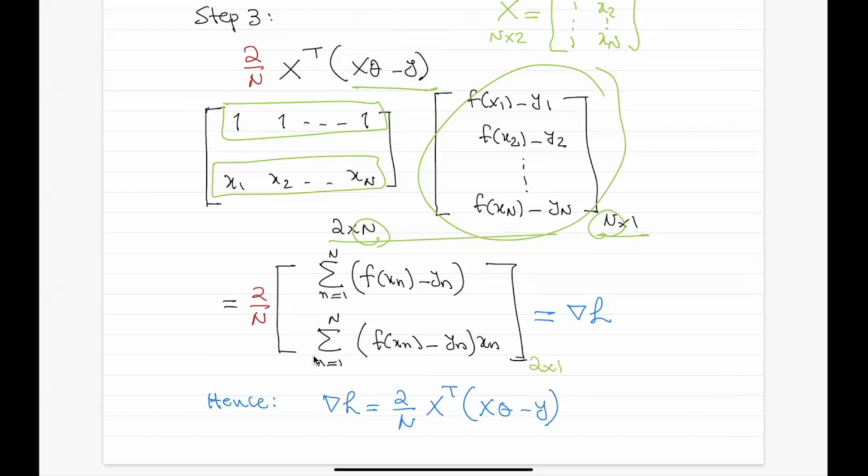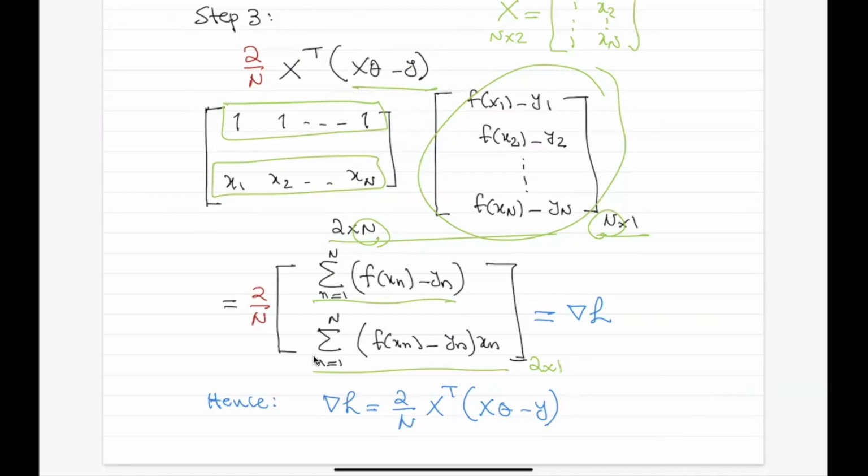And you can see that the first element is going to be the dot product, or inner product, between 1 and the corresponding residual, which is this summation. And for the second one, the only difference is that now we have the corresponding x_i element, and this goes from summation 1 to n. And we are done.